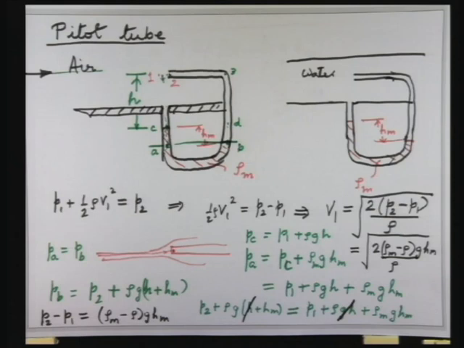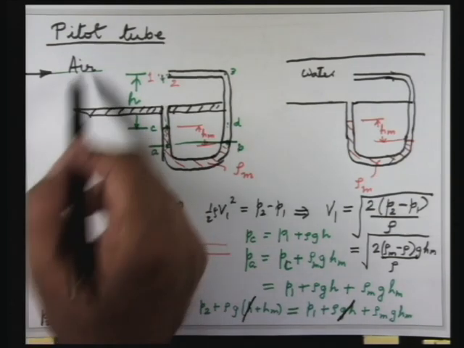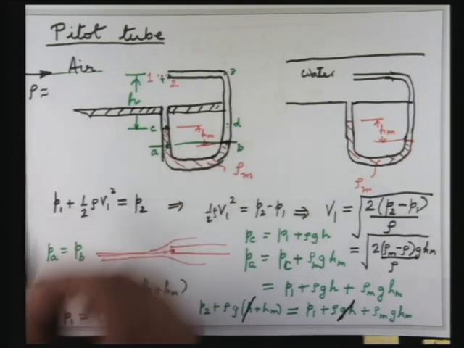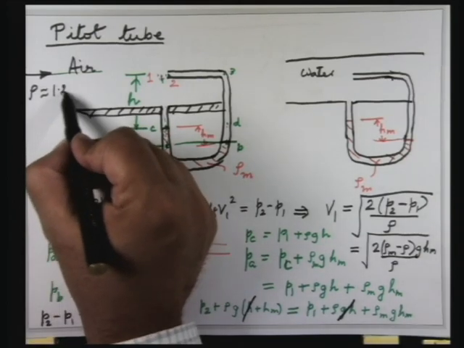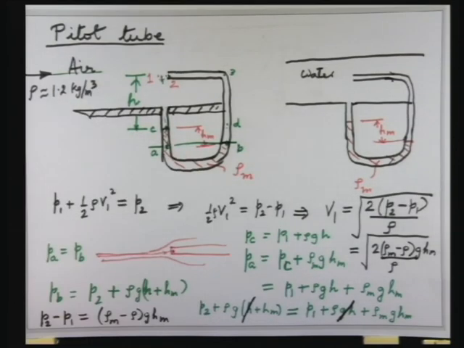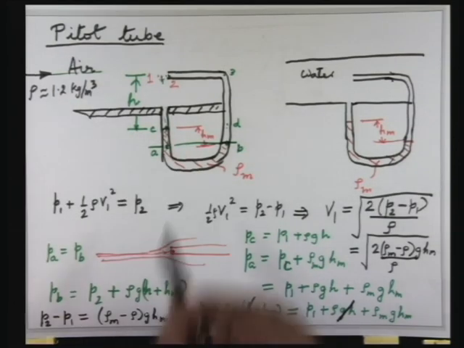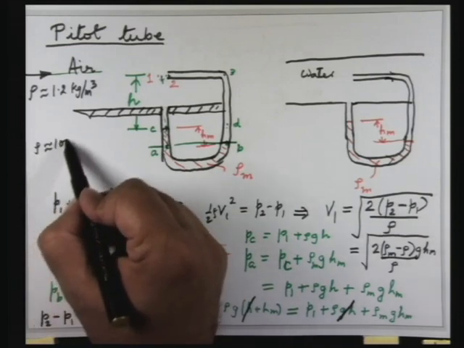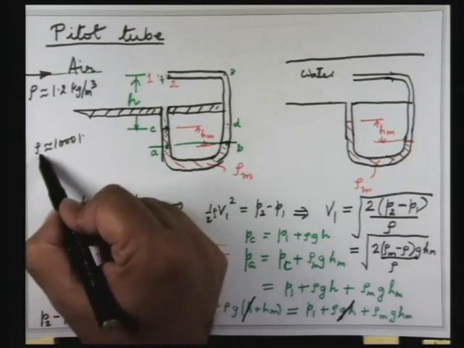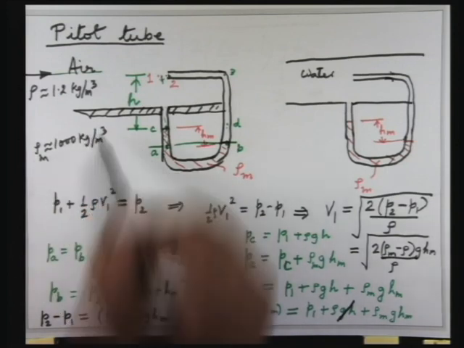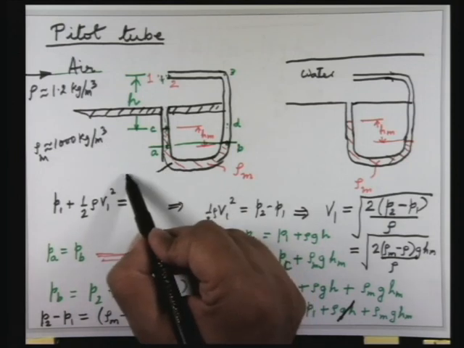Now coming back to the previous example here, let us say the rho of the air is of order 1 kg per meter cube, or maybe 1.2, whatever it is. It would of course depend on the conditions, but this is what you typically have in the lab. Now suppose this is water, then rho m will be 1000 kg per meter cube.